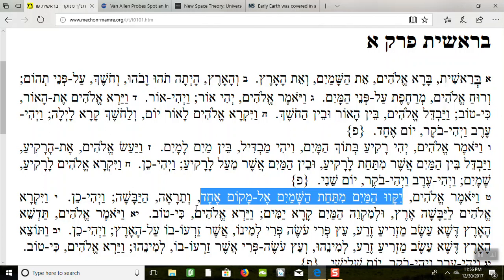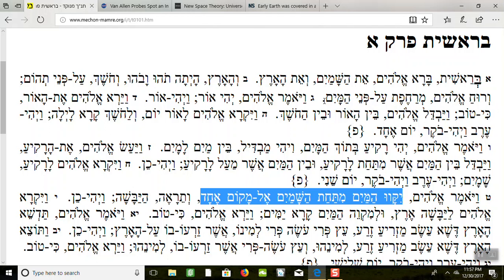All right. Now I want to spend time on this again. I'm going to show you another article that I read on this, to show you that people are now starting to see the wisdom and the truth in these scriptures. The reason I say that is because the first encounter that we have of God doing something is in verse 2, where it says, Veruach Elohim merachefet al pnei hamayim, which is, and the spirit, or really the wind of Elohim, moved upon the face of the waters.